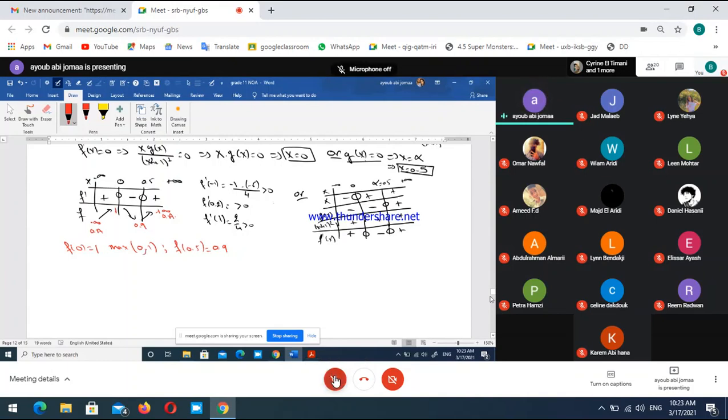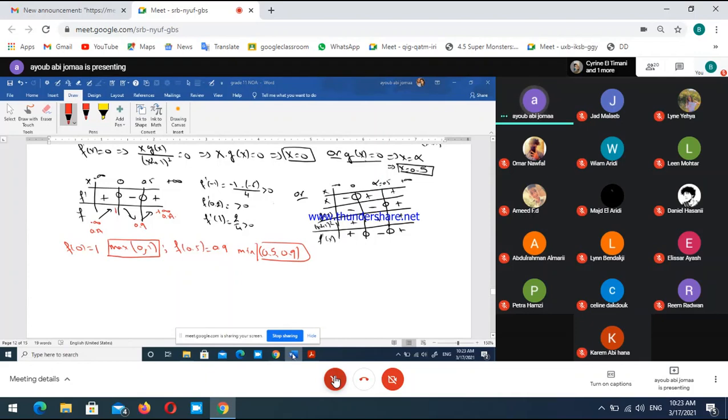So here the minimum is 0.5, 0.9, and this is the maximum. As in, the function starts from the oblique asymptote, increases to the maximum which is 0, 1, and then decreases to the minimum, which is 0.5, 0.9, and then increases to the oblique asymptote.